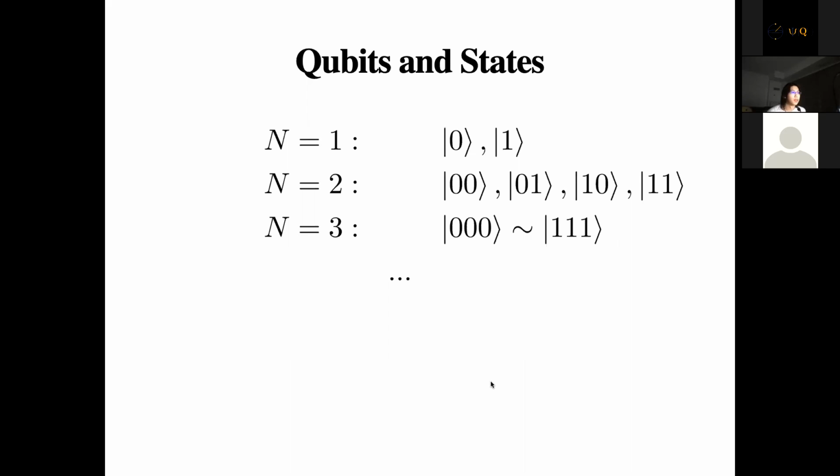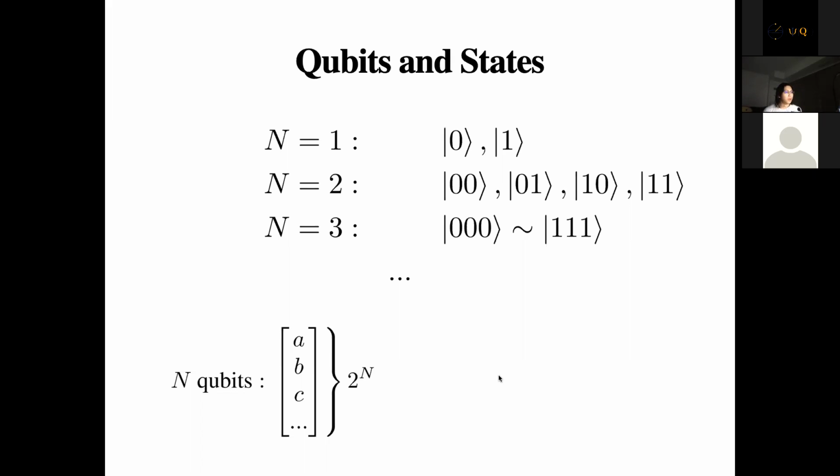If we go further, when we have n qubits, we have 2 to the n possible states, where each of them has coefficients A, B, C that represent the probability of finding these qubits in the particular state they're associated with. So this is how, with a quantum computer, you can use linear resources, n qubits, to represent exponentially large matrices. And this is how we will use qubits to represent psi.